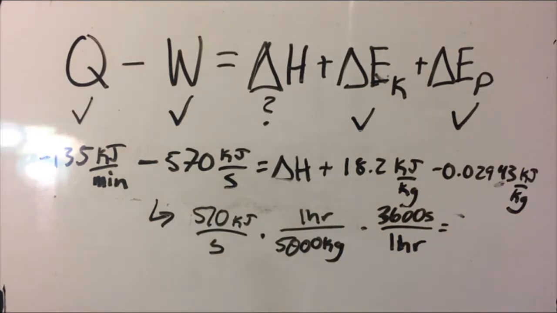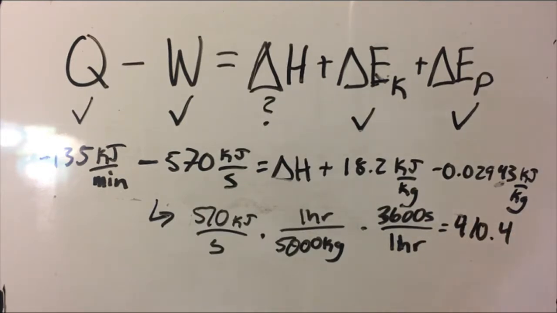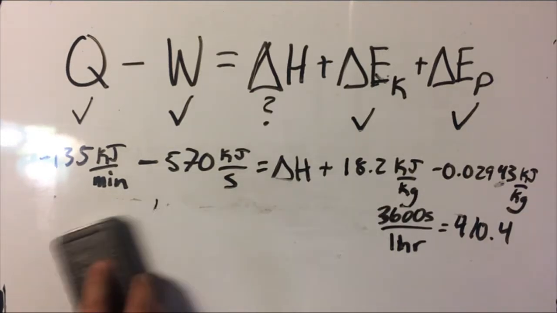Plug that into the calculator, and we're going to get 410.4 kilojoules per kilogram. Alright, so now we have all the numbers that we want.